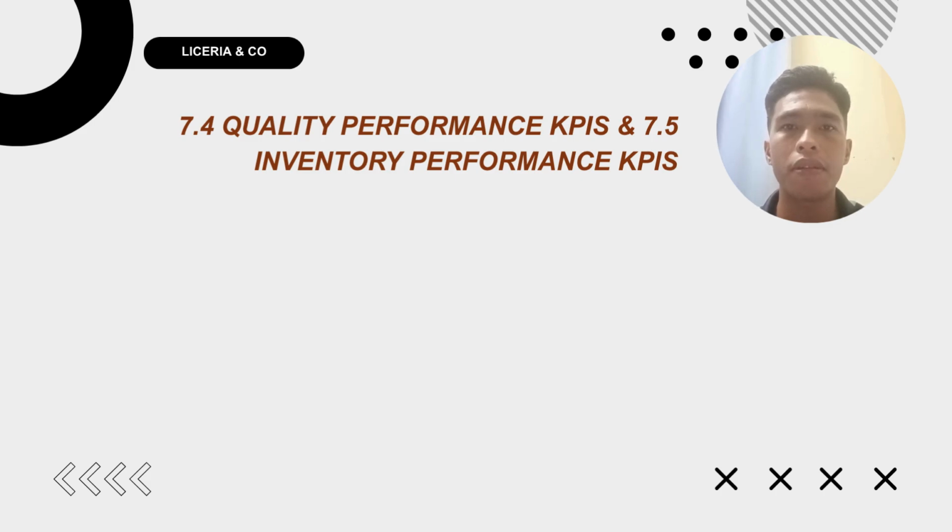For inventory performance, the company focuses on inventory turnover and inventory accuracy. The inventory turnover ratio is approximately 3 times during the first quarter, indicating that inventory is being used efficiently and converted into sales at a reasonable rate.